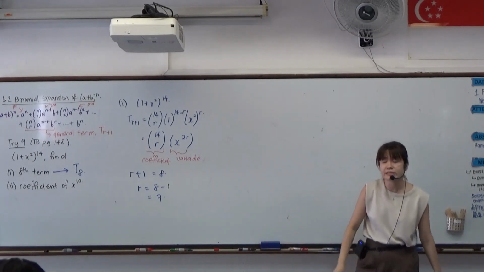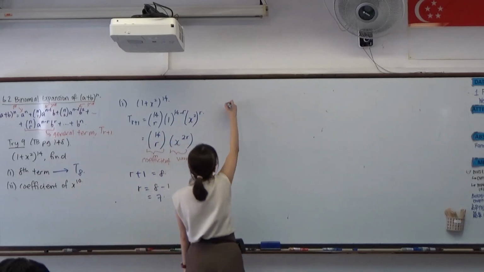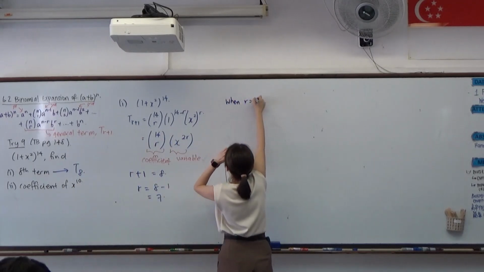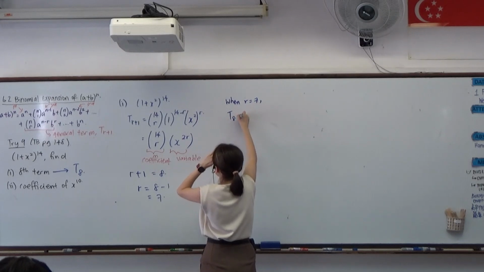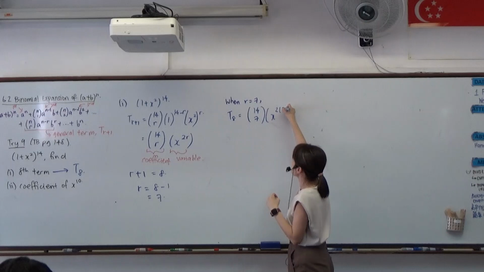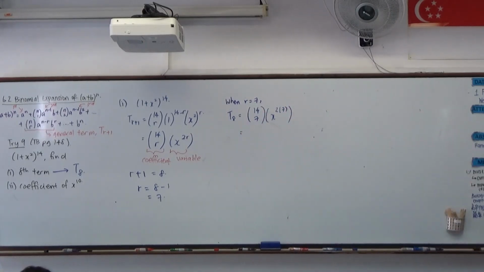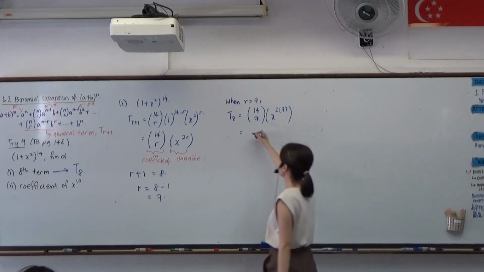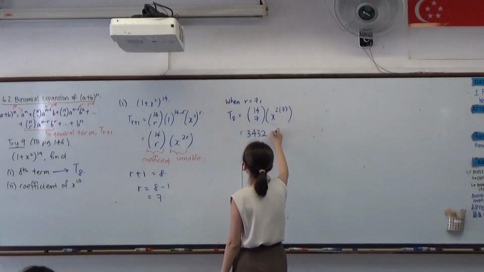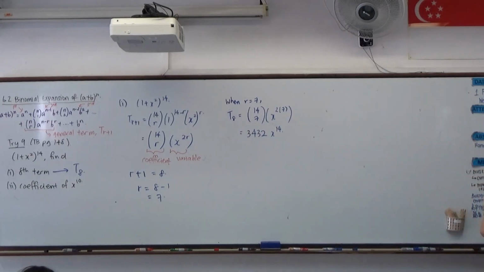So with r equal to 7, that will help me find the eighth term. When r equals 7, T8 is going to be 14 choose 7, x to the power of 2 times 7. 14 choose 7, you can press your calculator to find that out. That would be equal to 3432. So 3432x to the power of 14.